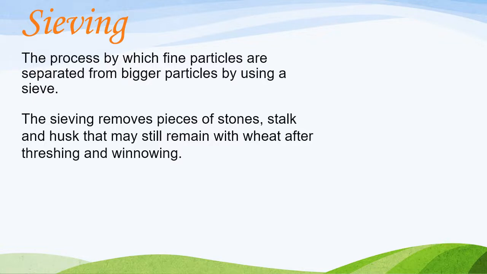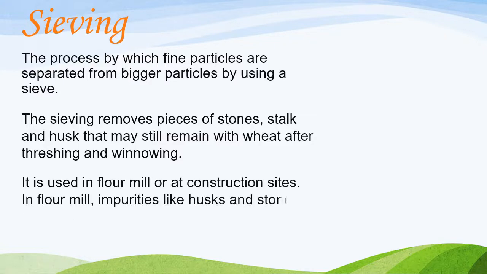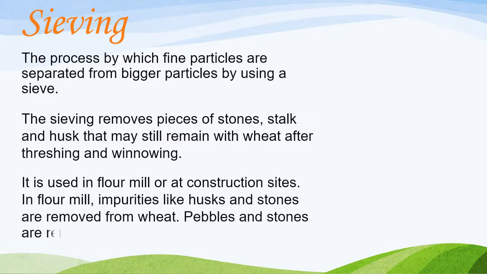So to remove them, we use this process, sieving. It is used in flour mills or at construction sites. In a flour mill, impurities like husk and stones are removed from wheat, and pebbles and stones are removed from sand by using a sieve.